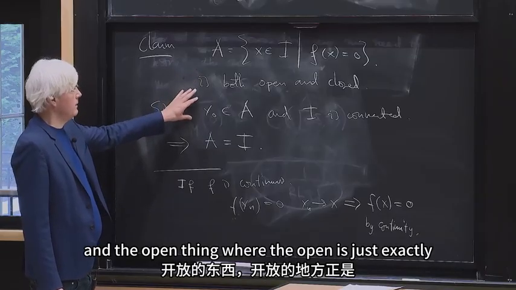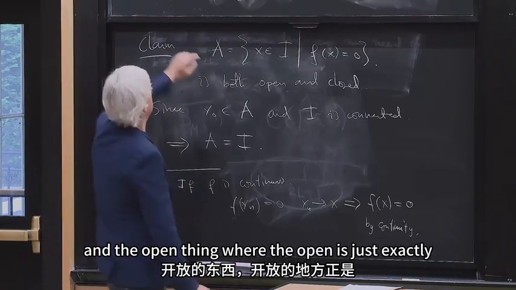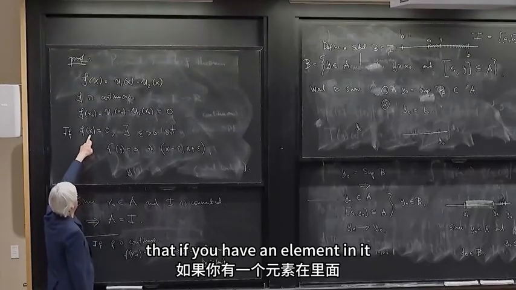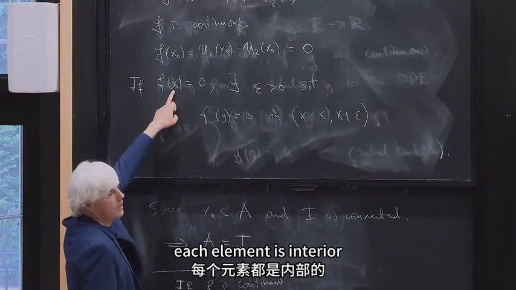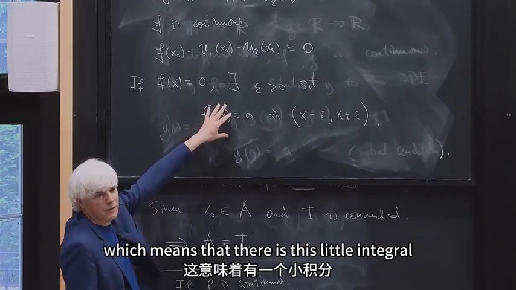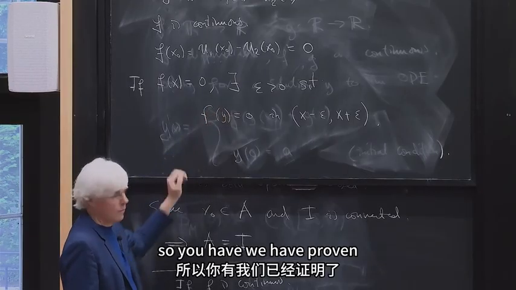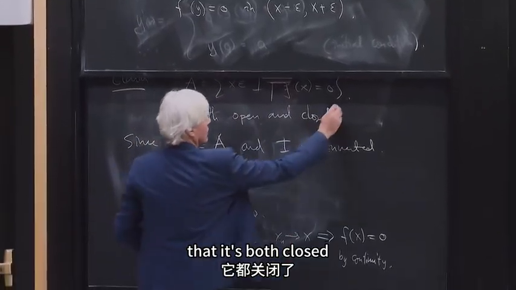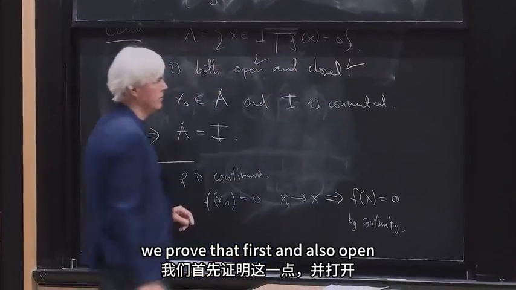And the open part is just exactly this property that we are assuming, that each element is interior, which means that there is a little interval around it. So we have proven that it's both closed and open.